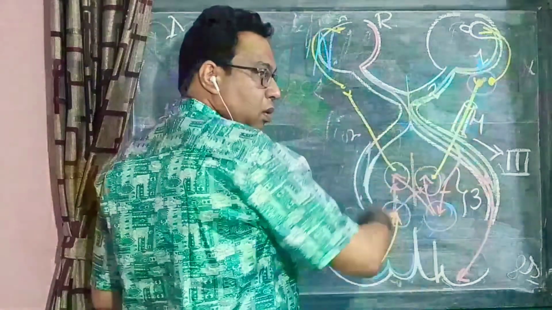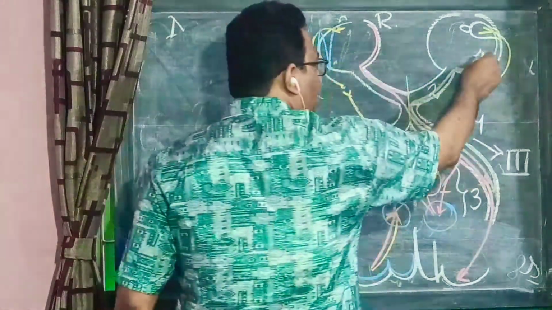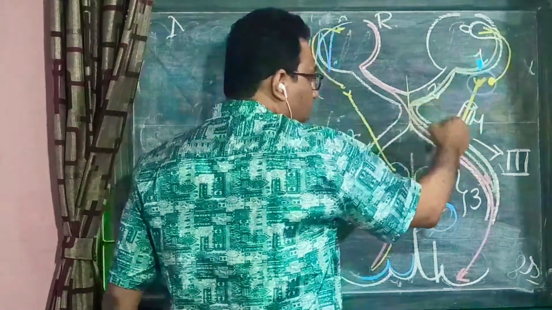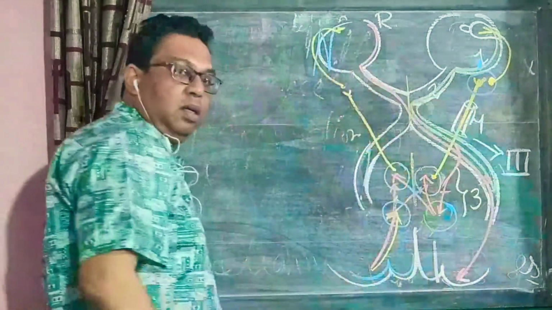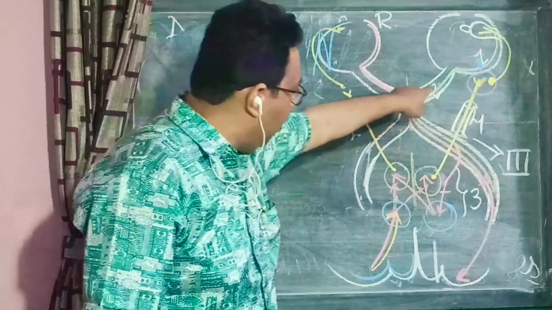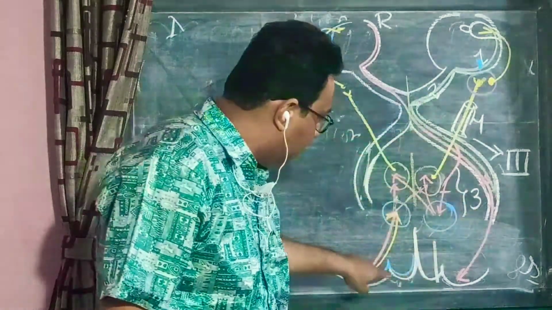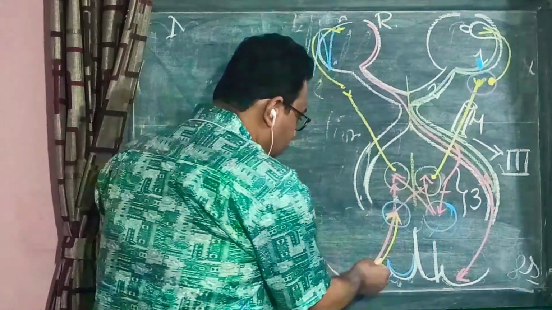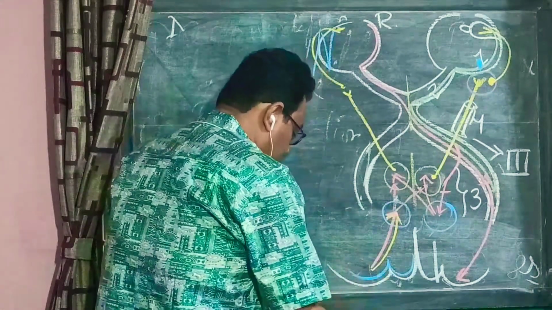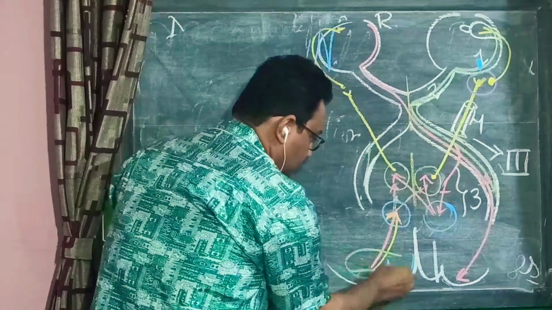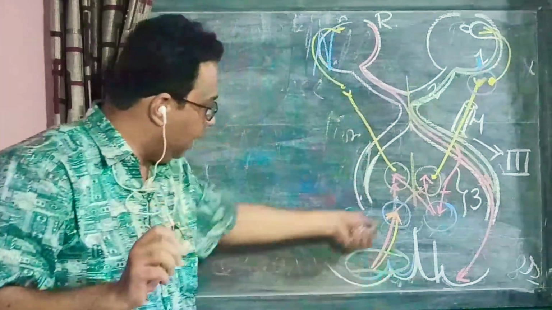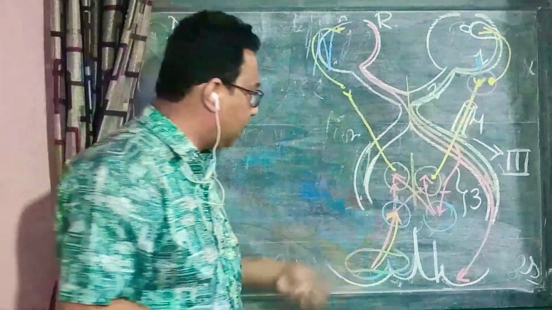So what are the components? The first component, as usual, is the receptor. The second component is the optic nerve, optic tract, optic radiation, and the initial center is the center at the cortex. Then it signals the pretectum.